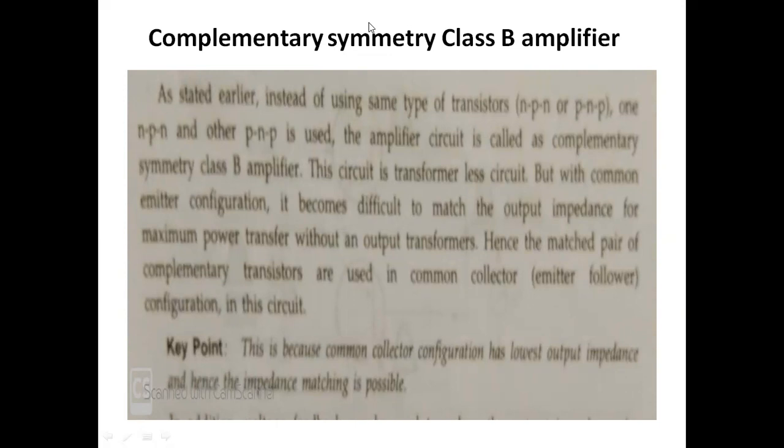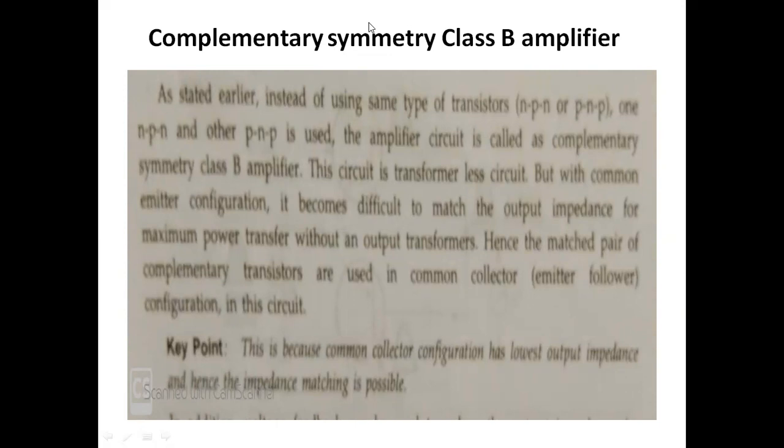But here we are using common collector configuration, because with common emitter configuration it becomes difficult to match the output impedance for maximum power transfer. With CE configuration, the output impedance cannot be matched with the load impedance.